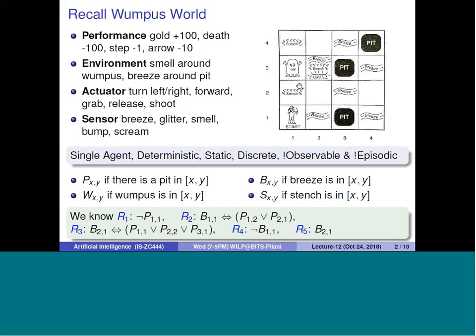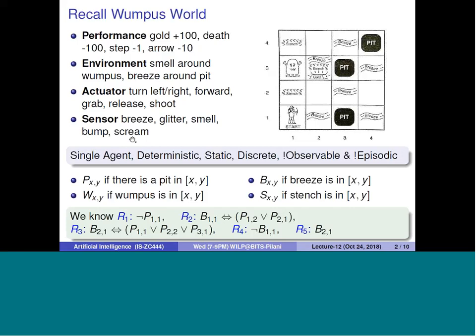If he is near a Wumpus, there would be a smell. If he moves in a direction where there is a wall, because he cannot go outside the board, there would be a bump.